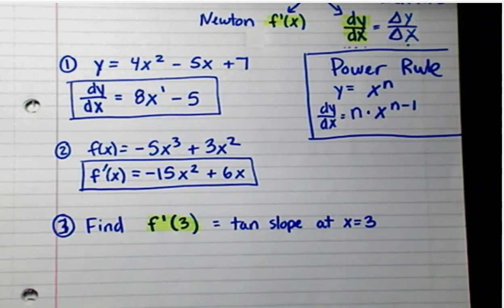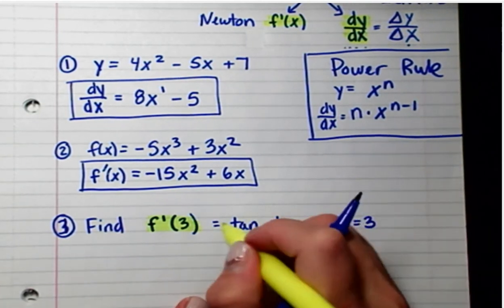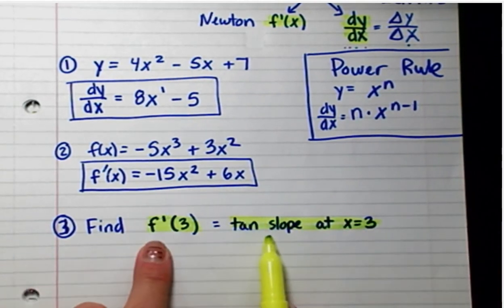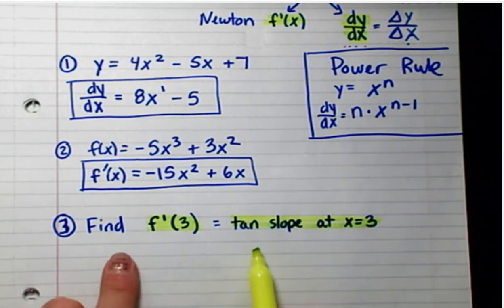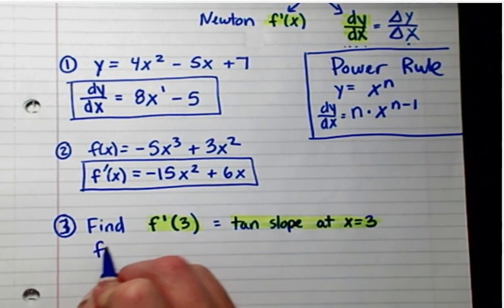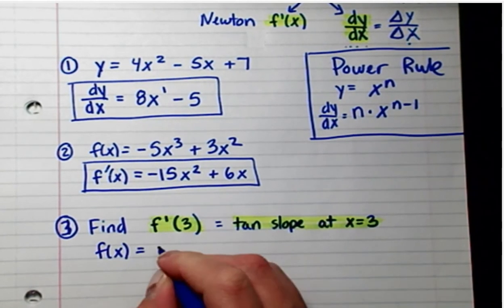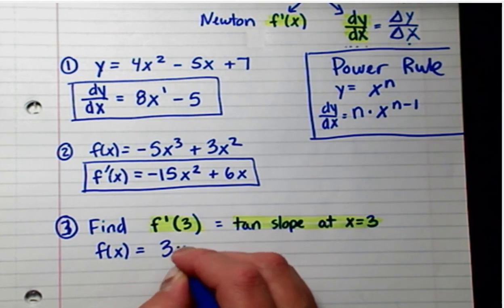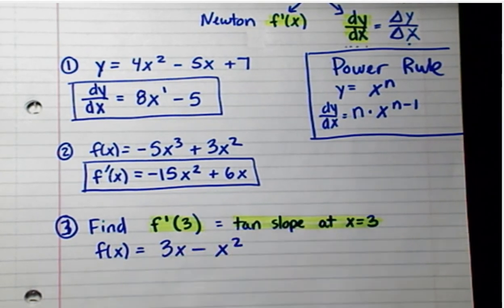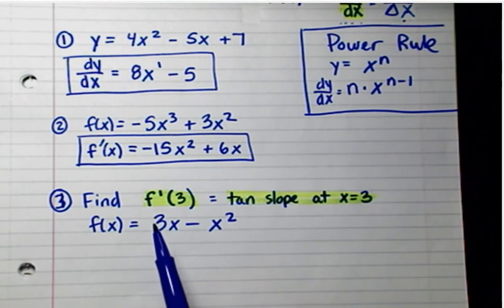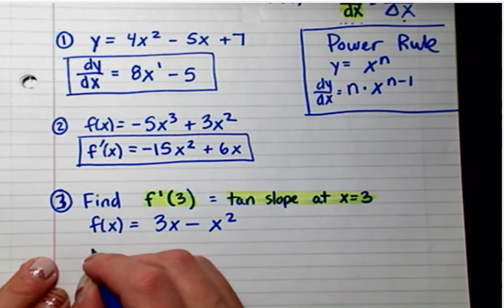Because I want to know visually what this is asking me for. F prime and tangent slope are interchangeable at the x coordinate of 3. Okay, so here's my f of x: 3x minus x squared. I want to know the tangent slope at x equals 3.